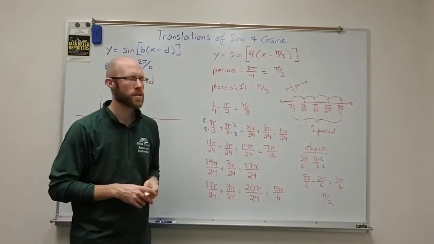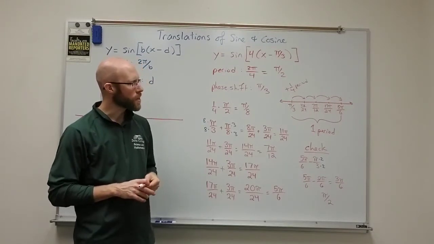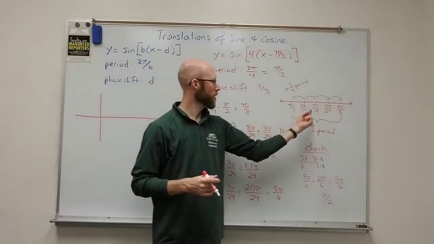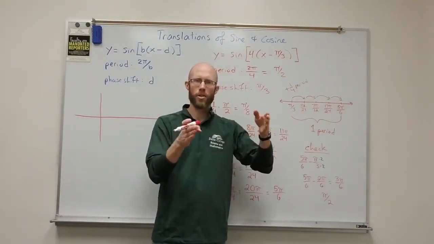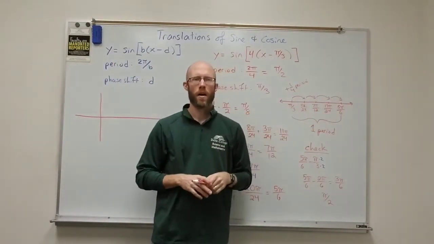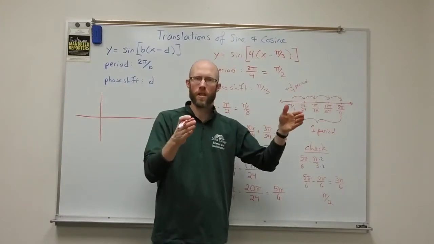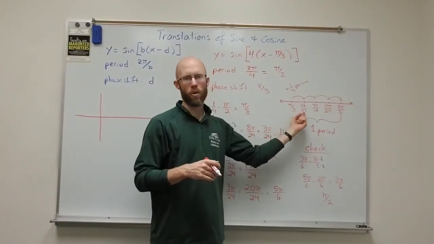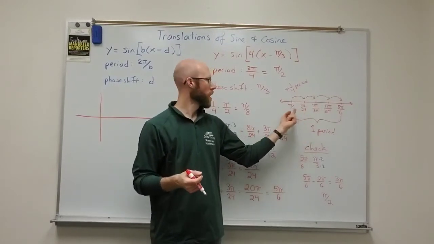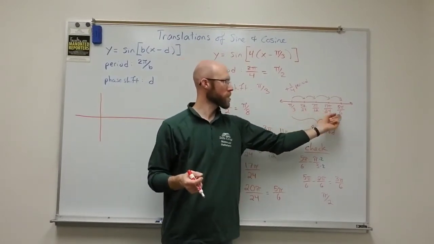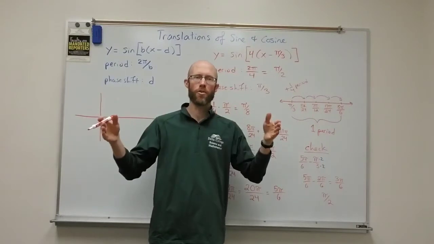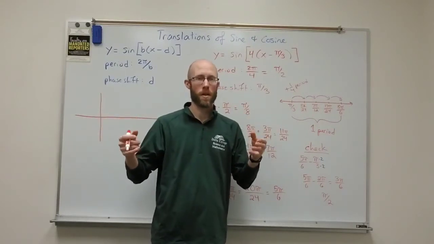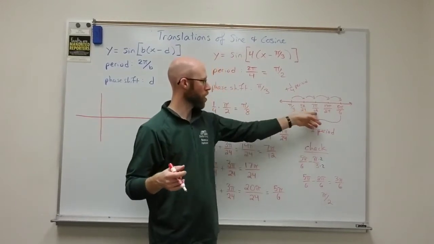As I look at this, I think it's going to be easiest to split this into 12ths. Okay, I can get into 12ths because I can mark off 12 parts, 12 tick marks on a number line easier than I could do 24. 24 is going to be hard to do. And the thirds and the sixths, if I were to split it up into thirds, I'm going to miss too many things. If I split it up into sixths, I'm going to miss too many things. I think the 12ths would be the best.